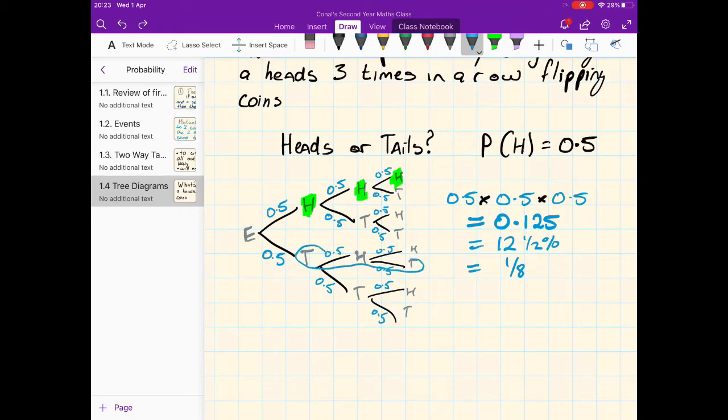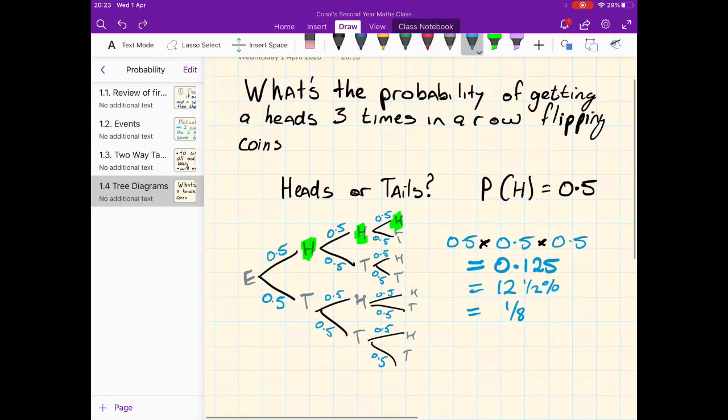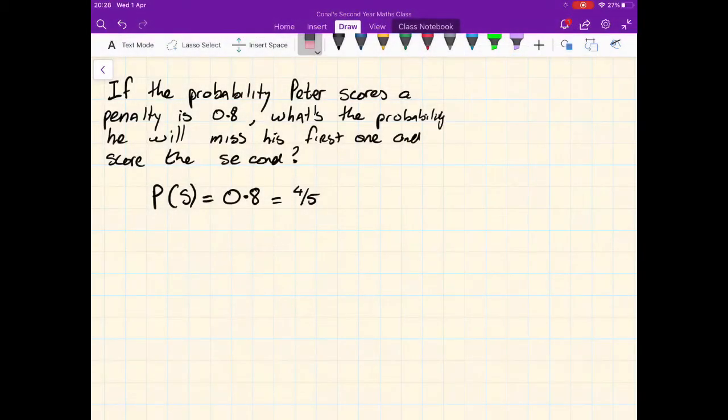And that's 4 outcomes so far. Our next one is tails, followed by heads, heads. Then we get tails, heads, tails. Then we can get tails, tails, heads. And finally, we have tails, tails, tails. So that's 8 different options. So that's where we can get the 1/8.